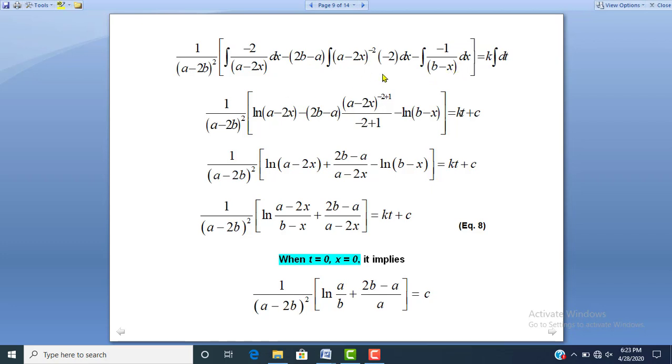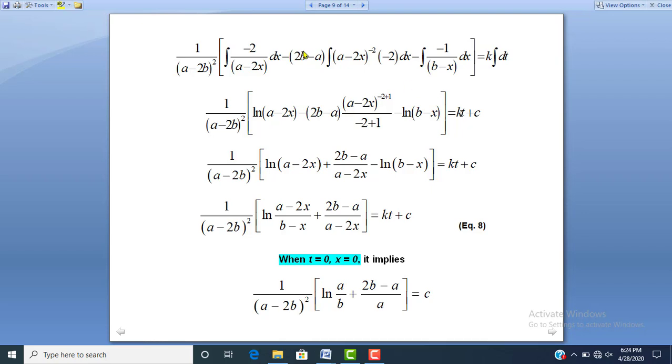So here k into the integral of dt, when we integrate this right hand side, it will be kt plus c. C is the integration constant, k is the rate constant and t is the time.